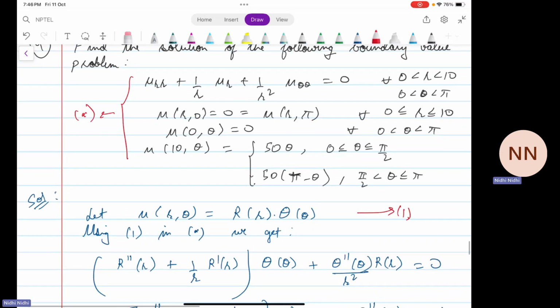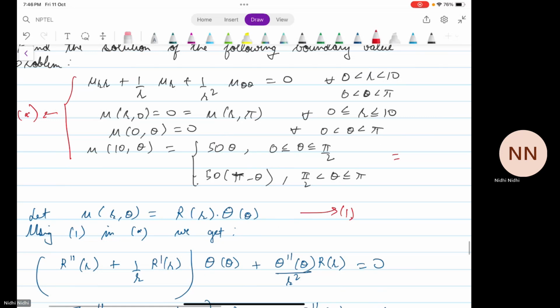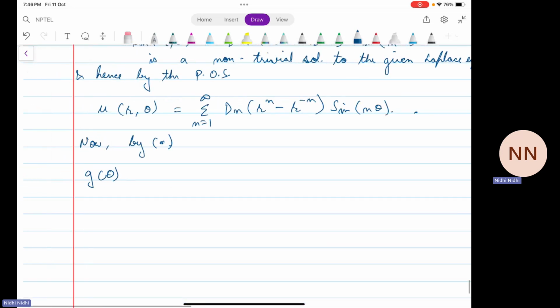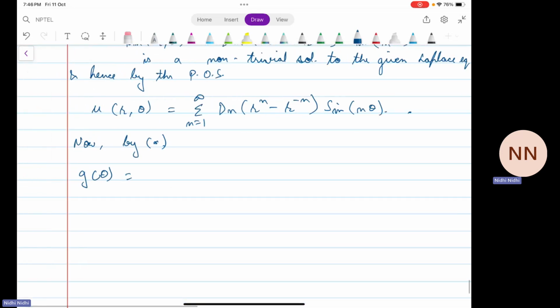So let's define this equal to function g(theta). So g(theta) is equal to u(10, theta), which is the summation n from 1 to infinity d_n.